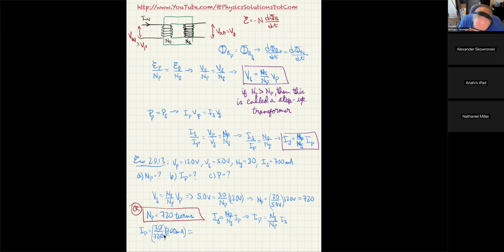And that's going to give me 29.17 milliamps. So the primary current that we put in is 29 milliamps roughly, and what we get out is 700 milliamps.